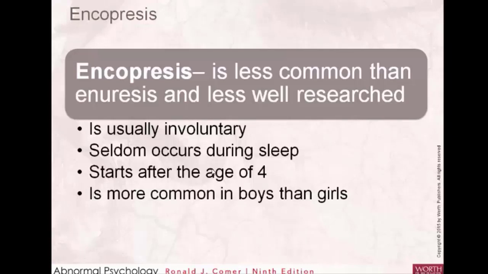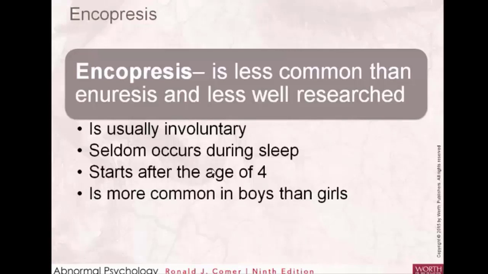It is often involuntary and seldom occurs during sleep. So this is something that usually happens as an accident during the day. And you start to wonder, is this maybe a physical issue? So it's not a bad idea to have a doctor give a once-over, take a child to the pediatrician to make sure that it's not a health issue that's potentially causing this.